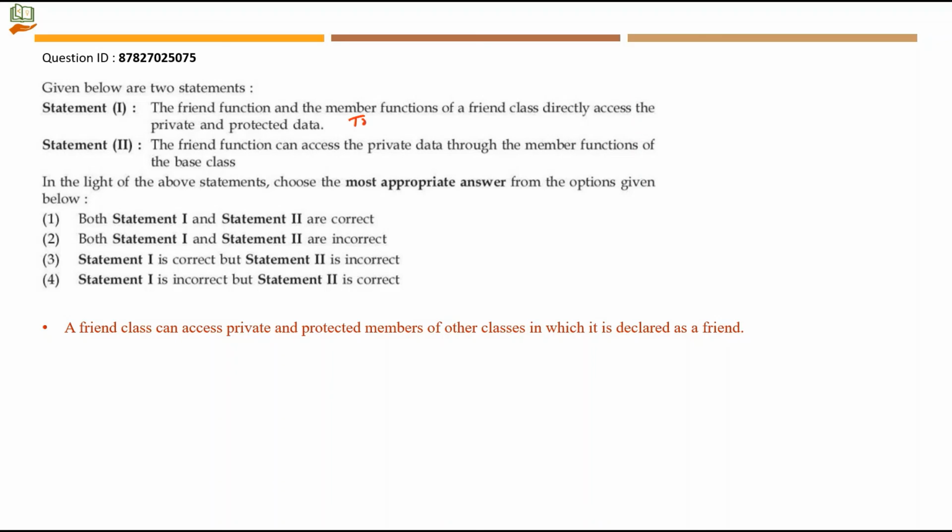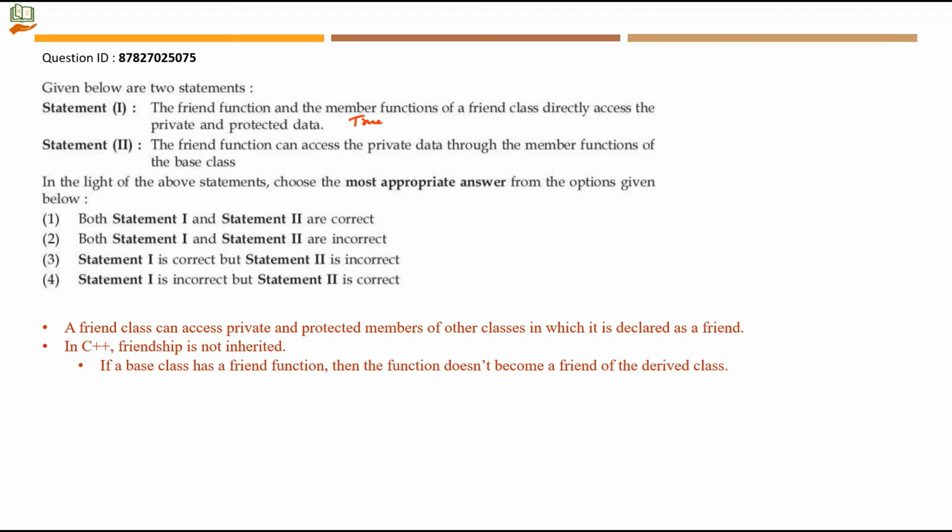It says that statement 1 is true. In C++, friendship is not inherited. That means if a base class has a friend function, then the function doesn't become a friend of the derived class.